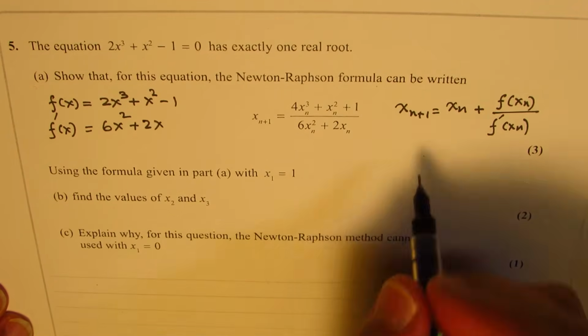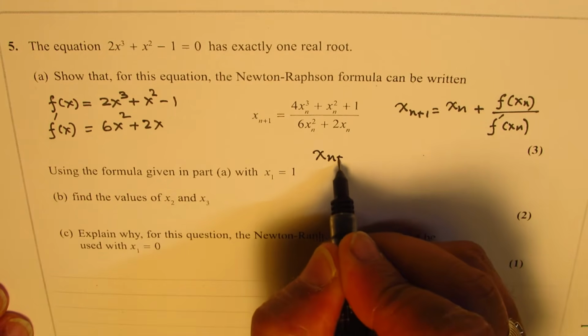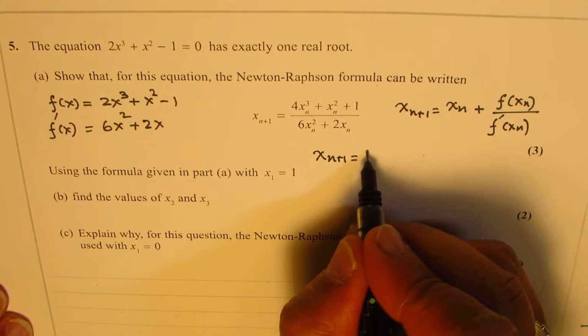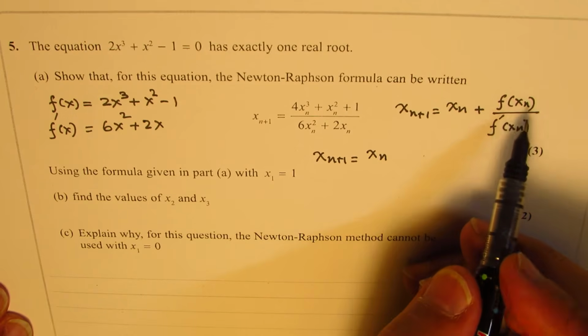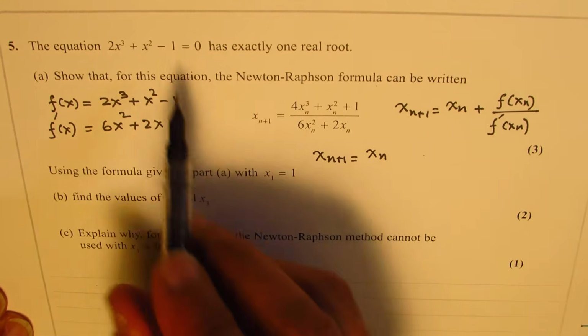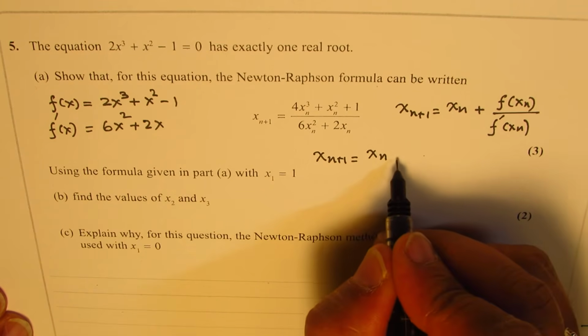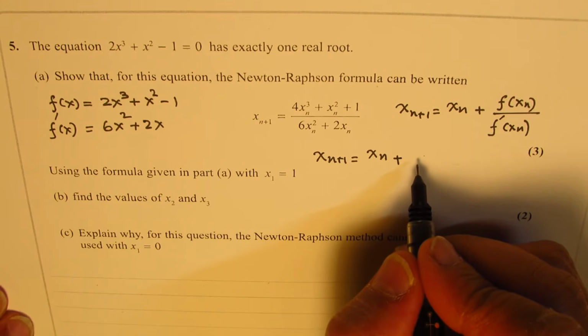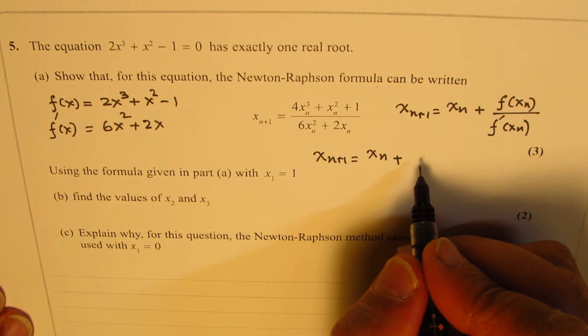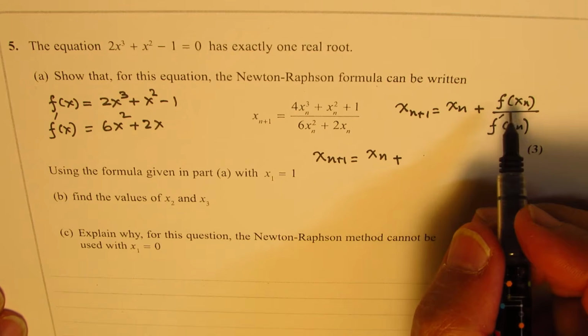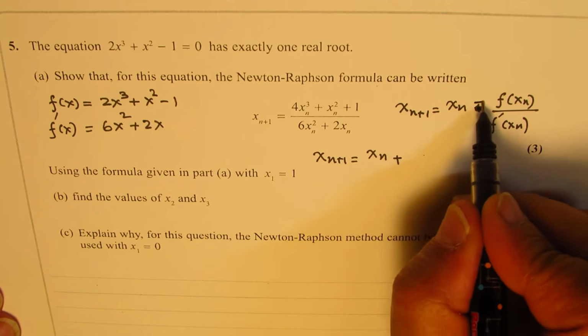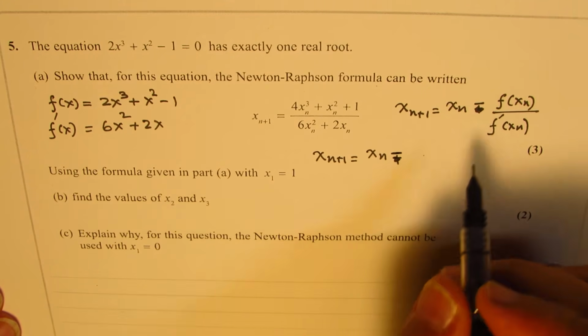So using this formula, we can say x(n+1) is equal to xn, and substituting xn in the function, we get plus, and here so it is not plus but minus, right? Yeah.